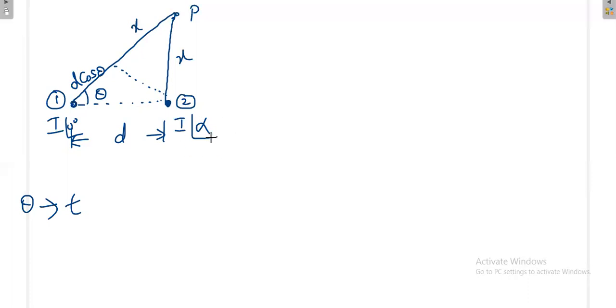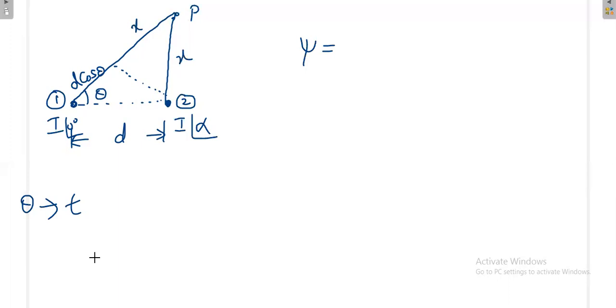Definitely wave 2 will have the phase lead compared to wave 1, because it reaches the receiver very quickly and already has phase lead. So the total phase lead of wave 2 is defined by psi, where d cos theta is there.